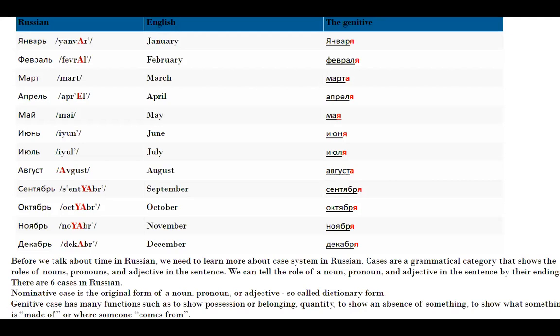There are 6 cases in Russian, and at this point, we're only interested in 2. One is the nominative case, which is the dictionary form, like январь, февраль, март, апрель, the original form. Genitive case has many functions, such as possession or belonging of something, quantity, it shows absence of something, can show that something is made of or where it came from.